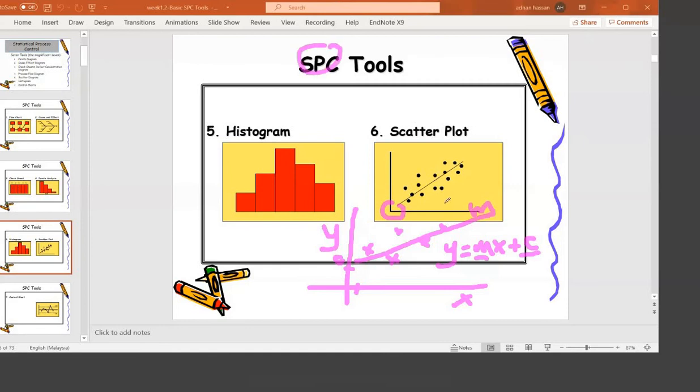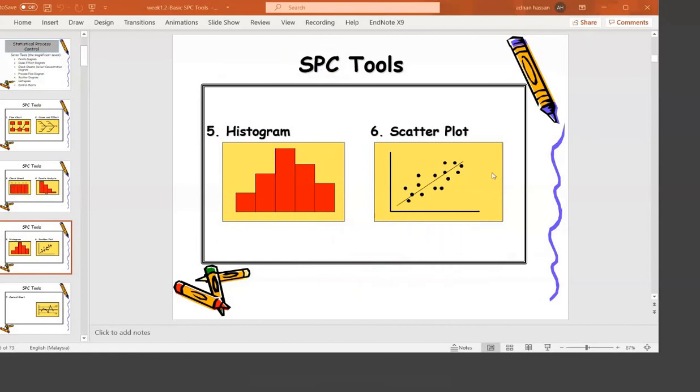We use this to find a relationship, for example between process parameters. I gave you just now the process parameters could be speed and surface roughness. For example, in machining, maybe you say the cutting speed, and here maybe the roughness.